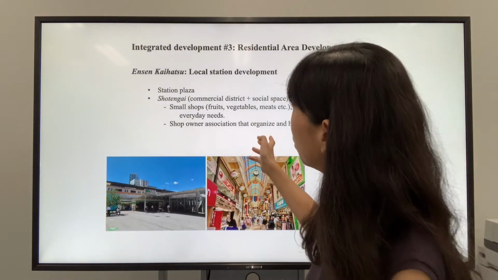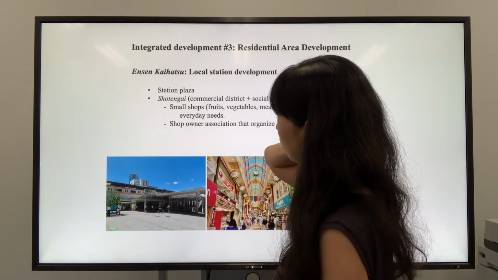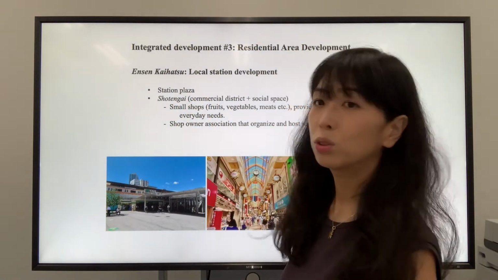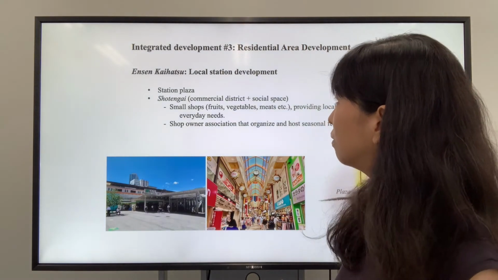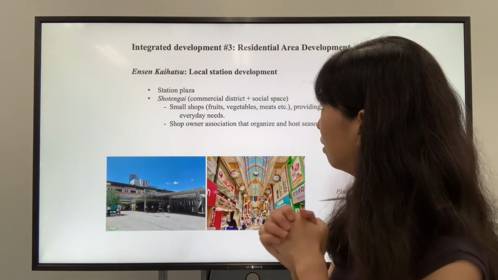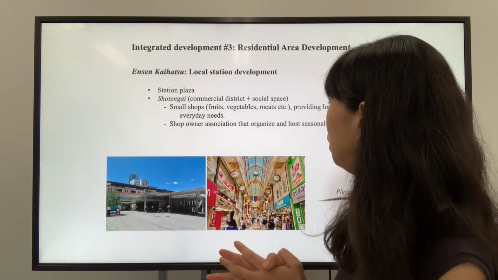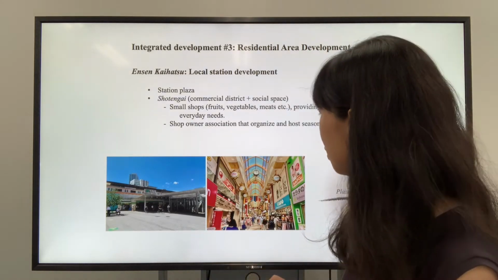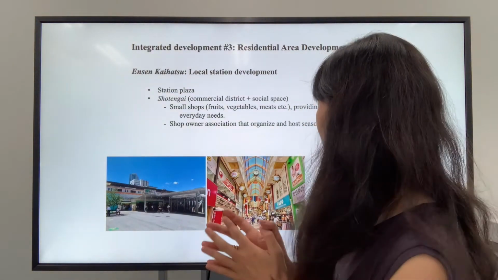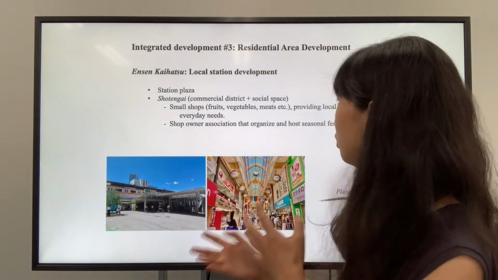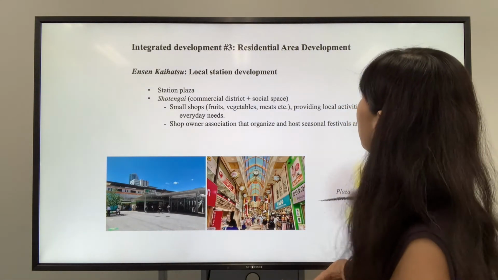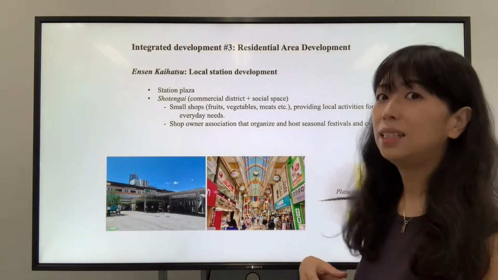But first of all, to know a little bit about the commercial district, Shotengai consists of small shops, usually specified into a certain topic. So they might only sell fruits or vegetables or meat, or maybe it's a pharmacy, or they only sell stationery, or they only sell clothes, etc. But essentially the aim is to provide local activities for everyday needs.